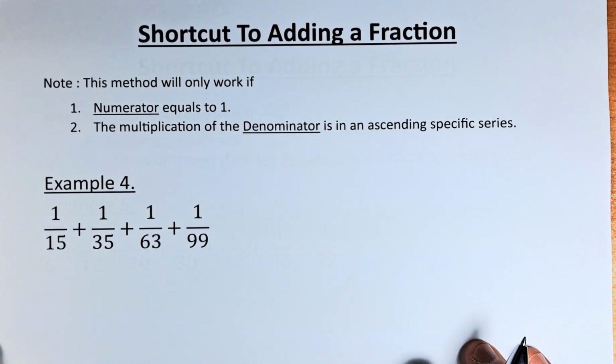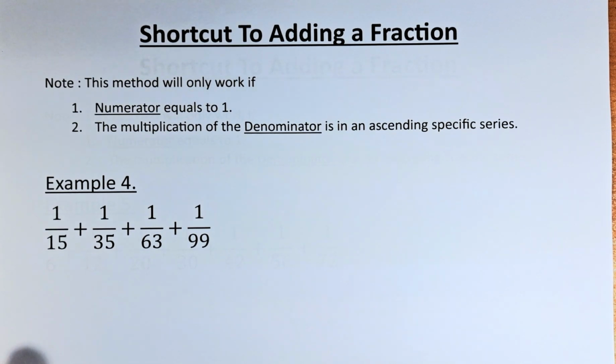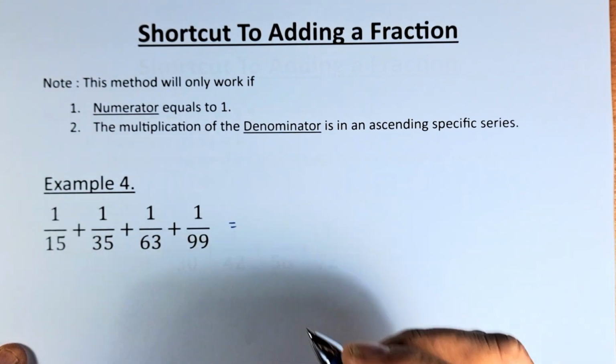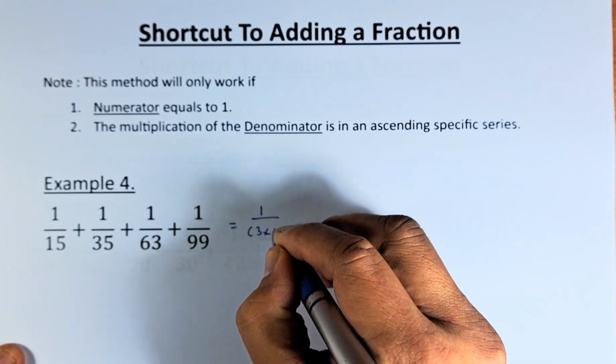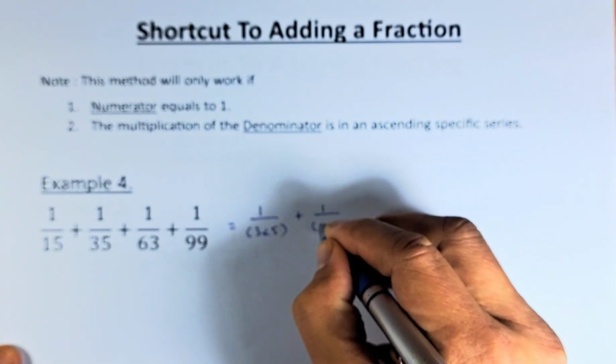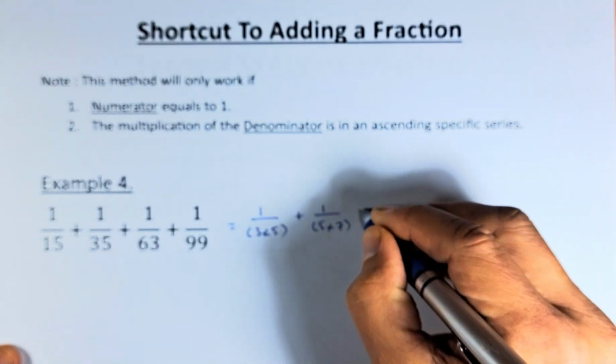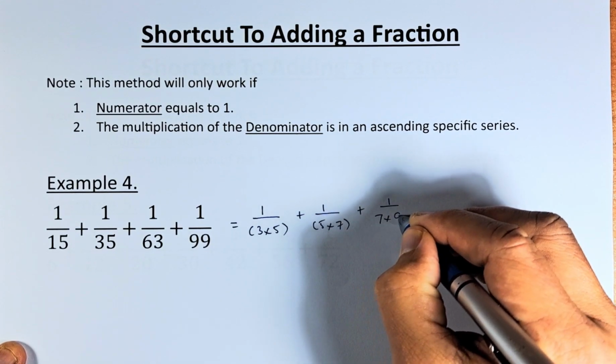Okay, we shall do a little bit more example, harder. This time we are going to have 1 over 15 plus 1 over 35 plus 1 over 63 plus 1 over 99. This is slightly different, and we can see it still works. 1 over 15 is the same as 1 over 3 multiplied by 5. 1 over 35 is 1 over 5 times 7. And then 63 is 1 over 7 times 9.